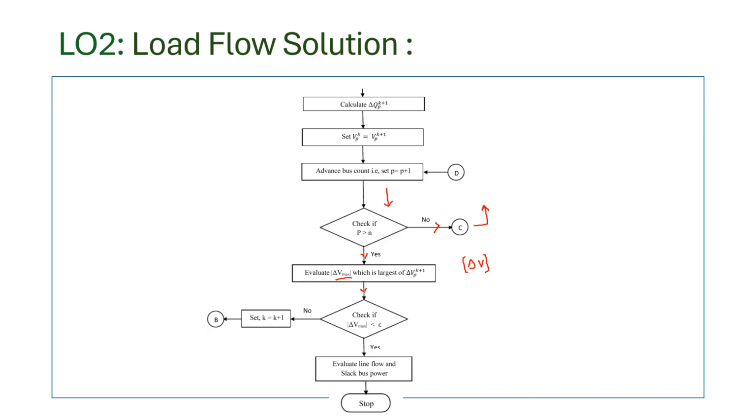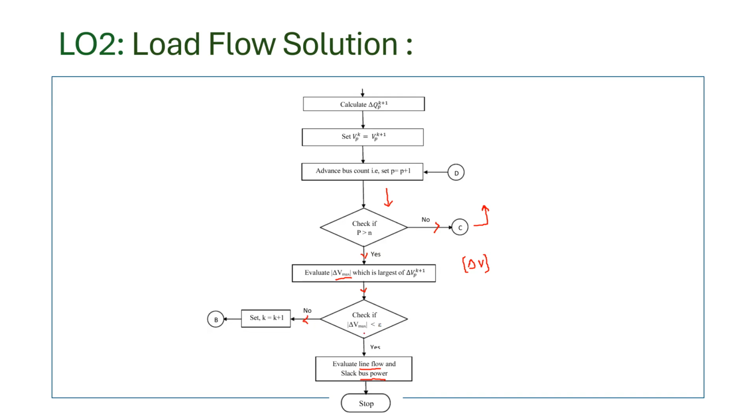If delta V max is less than the tolerance, then it is understood that the voltages we have obtained at the buses are the correct values. Then we proceed with the line flows and slack bus power, print the result and stop.